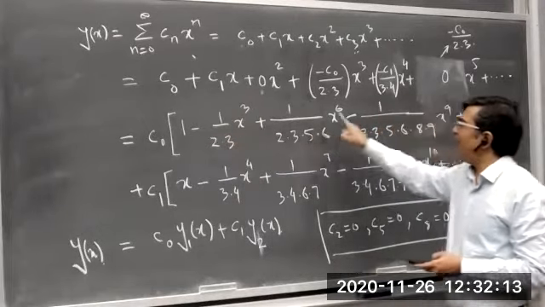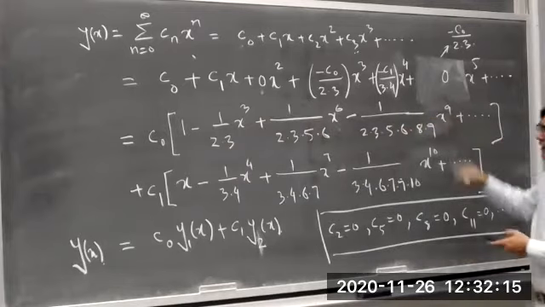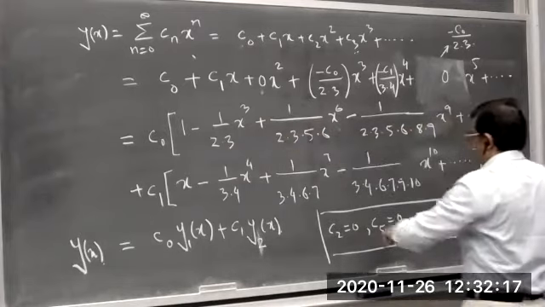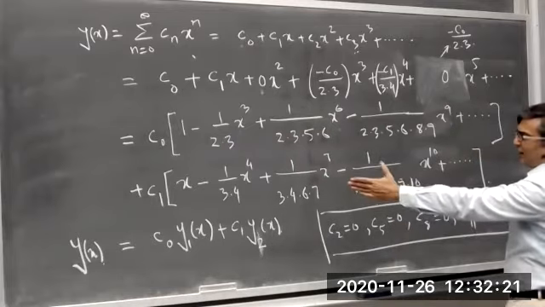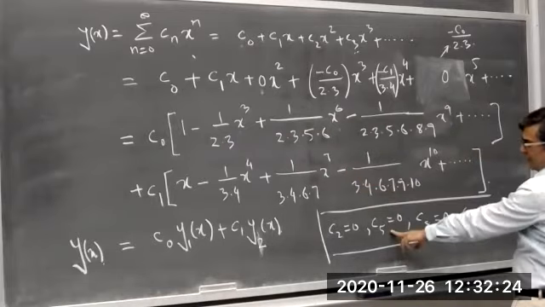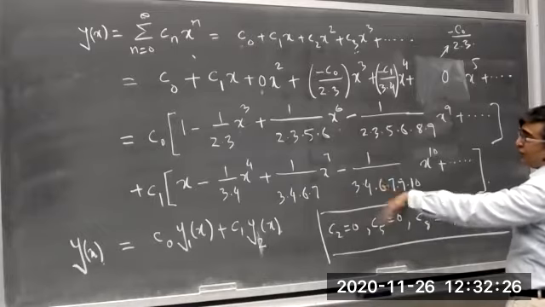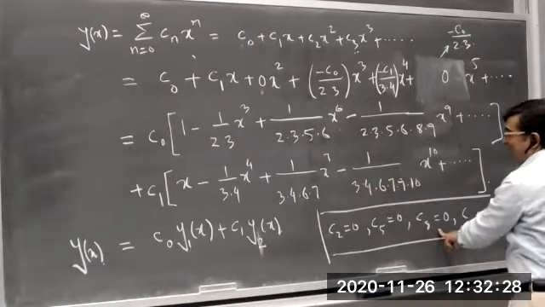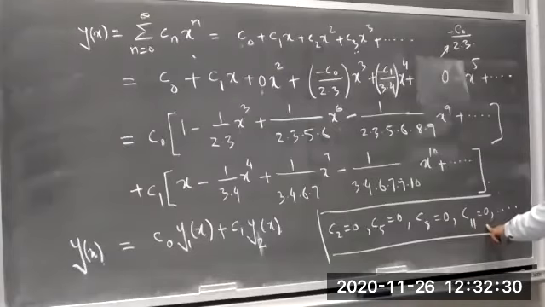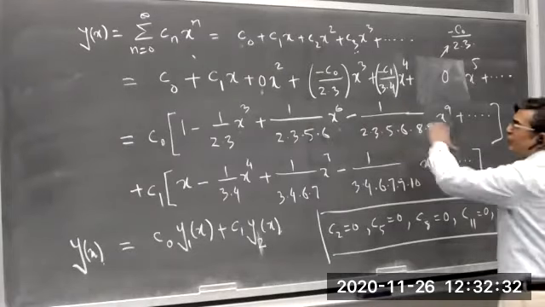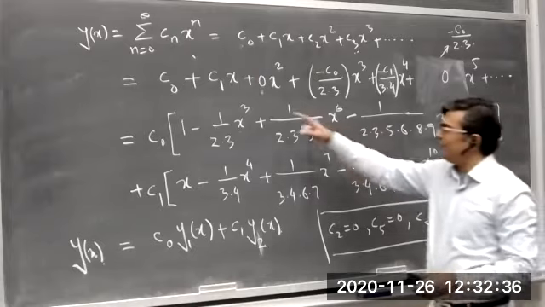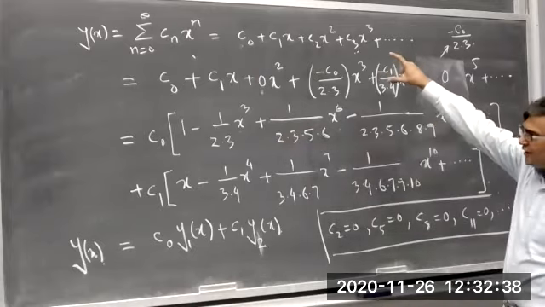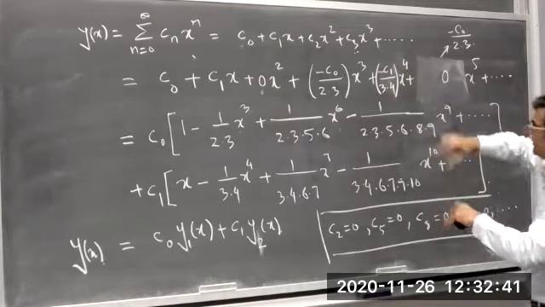Here there is x cube, x6, x9; there is no x2. Then the coefficient of x5 is also not in either series, because C5 is 0. The coefficient of x5, x8, x11 is 0 because all these coefficients are 0, so these powers of x will be eliminated from the original series.